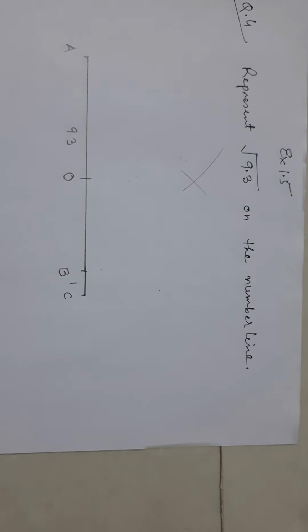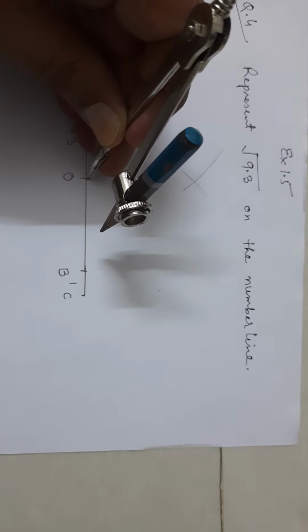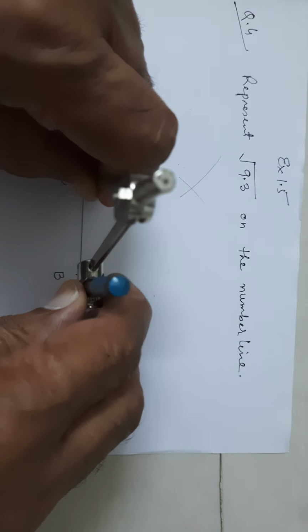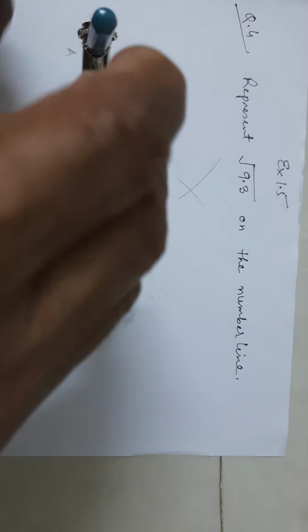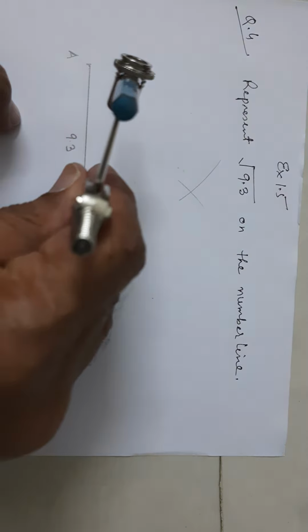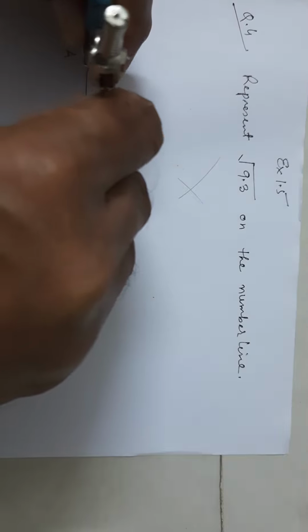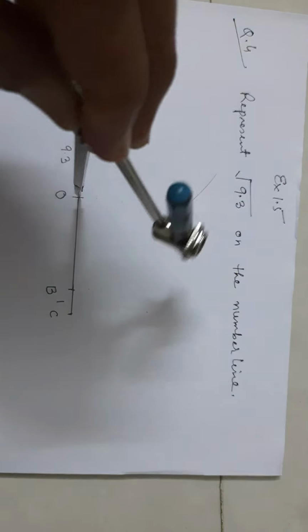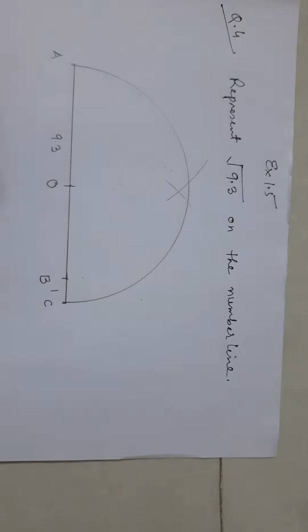Now taking O as the center and OA or OC as the radius, we are drawing a semicircle. Look, we are drawing a semicircle. The semicircle is drawn.